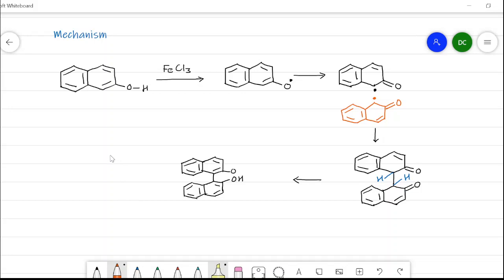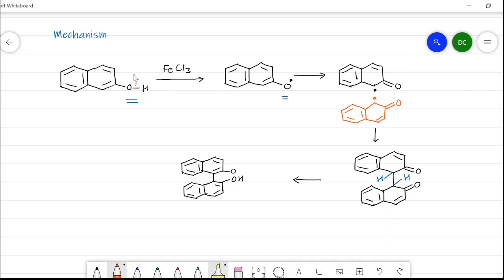See the mechanism carefully, you will get a clear idea about the free radical mechanism. Just look here. This is the OH group, and in this step the OH group is converted into an O having a single electron. So it indicates there is a formation of a free radical by the breaking of this OH bond.